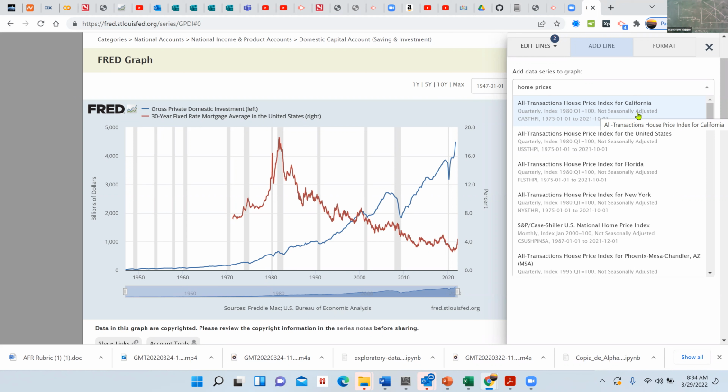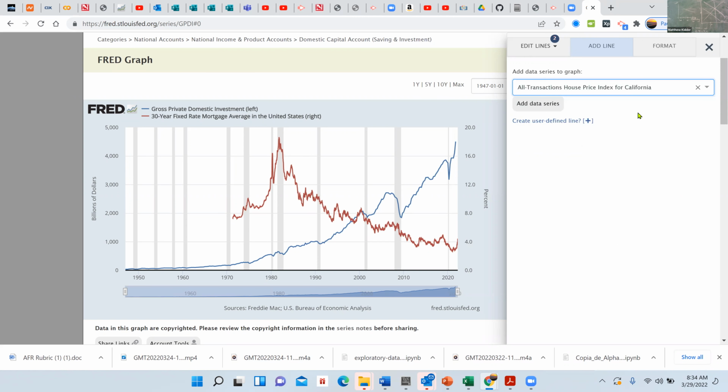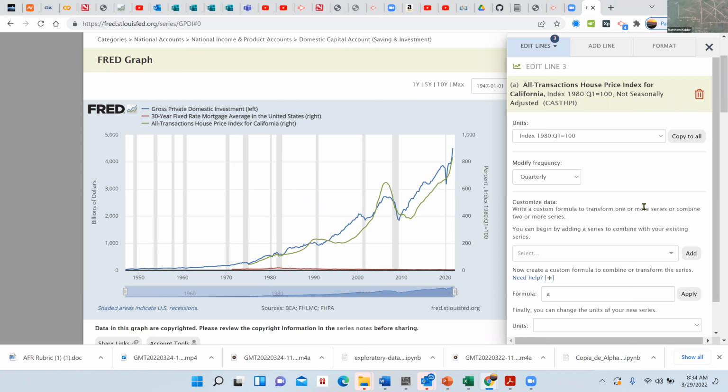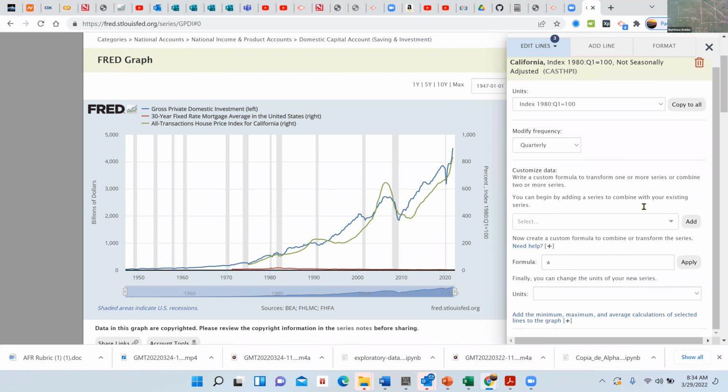They both are going up, but the effect is more obvious in California. I'm going to pick that one. This is looking at the index. Let's go ahead and put this.